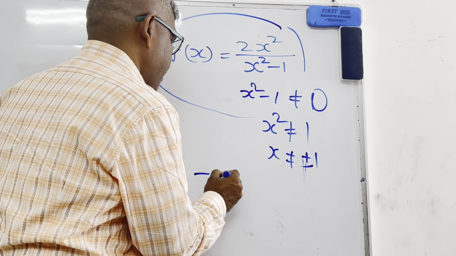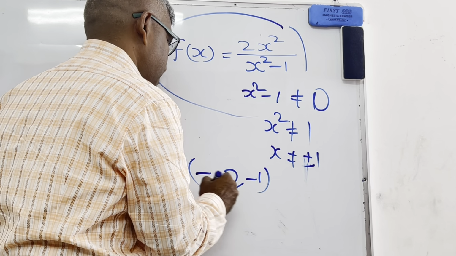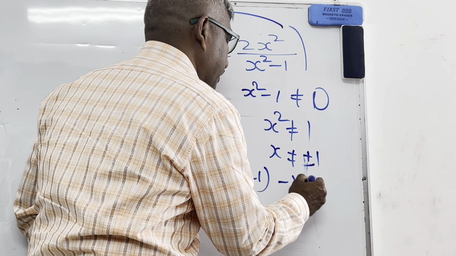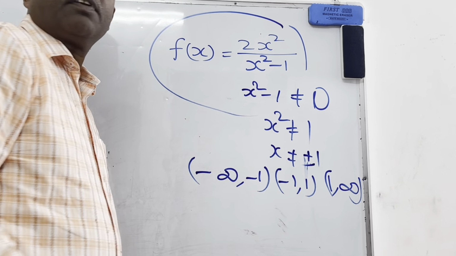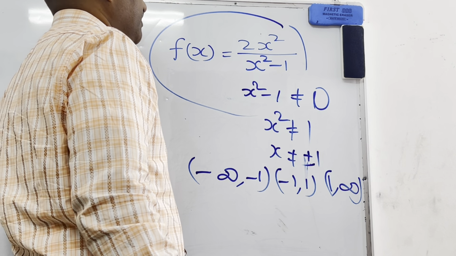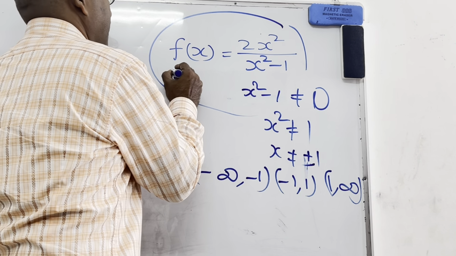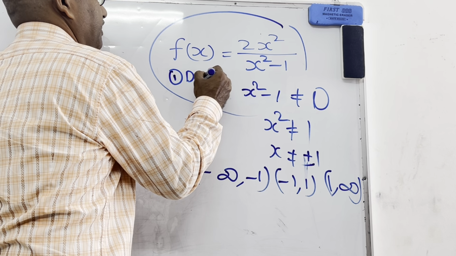Actually, minus infinity to minus 1, then minus 1 to 1, then 1 to infinity. This is domain. Note it down. Step number 1 we completed.